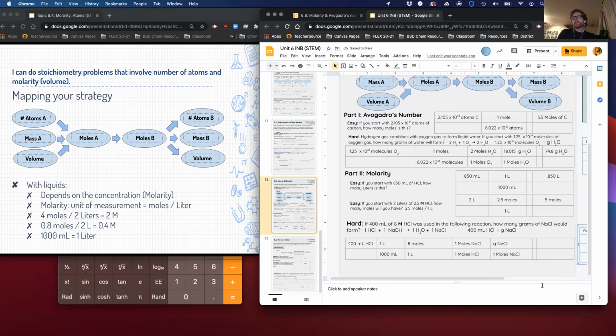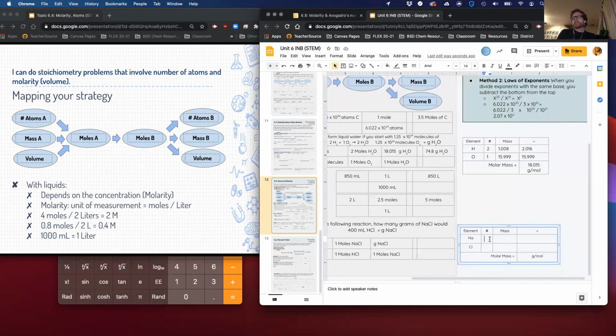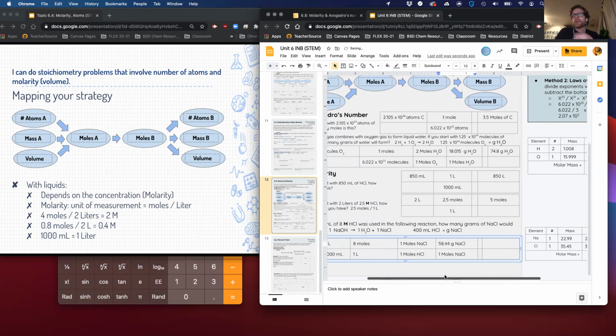Na, there's one of them, and Cl, there's one of them, and this one weighs, I think, 22.99, and this one weighs 35.45, I do believe. And so what I get here is 22.99 plus 35.45. I add those together, I get 58.44 grams per mole, and that's what's going to go right here, 58.44 grams per mole. Awesome.